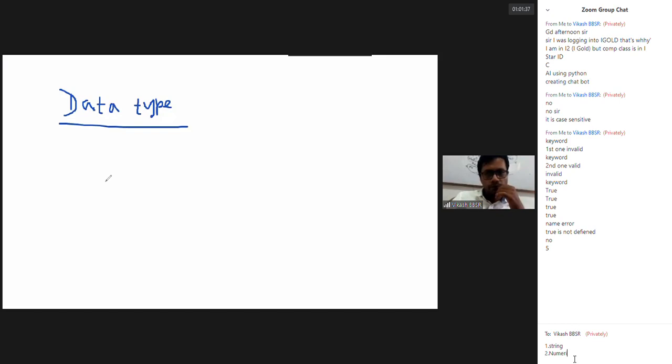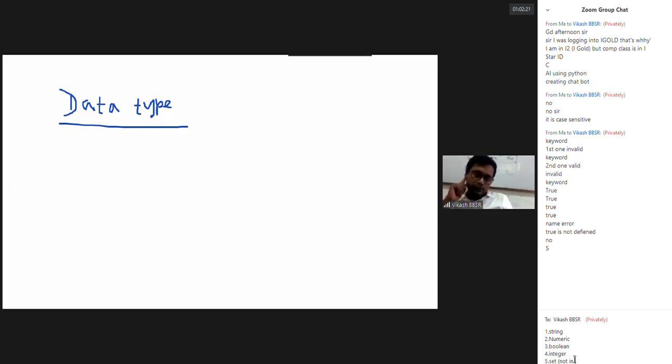Yogesh has given 6. Vin has given 4, 5. But all are not correct. Kushi has given 3 data types: integer, floating point, and complex.